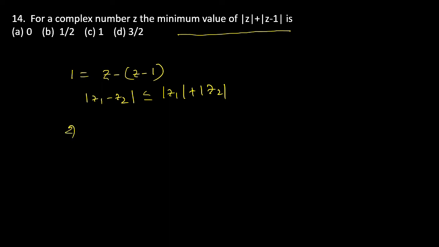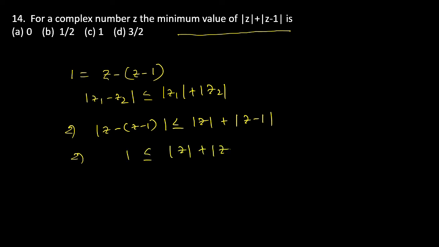So we can apply it. Mod of z minus (z minus 1) is less than or equal to mod of z plus mod of z minus 1. Now this is 1. So the minimum value of mod of z plus mod of z minus 1 is 1. So option C is correct.